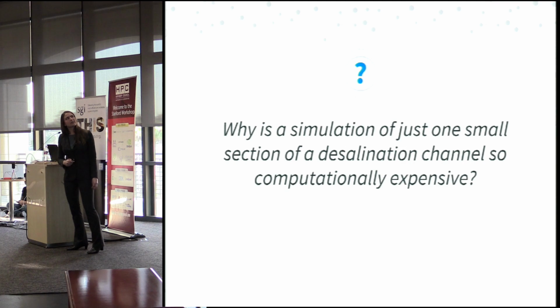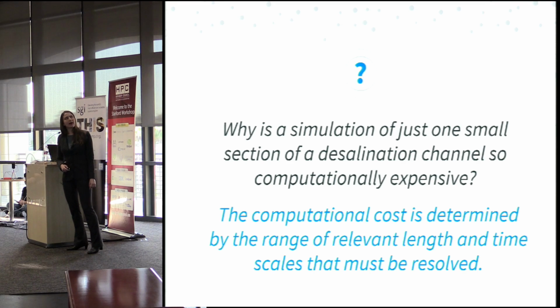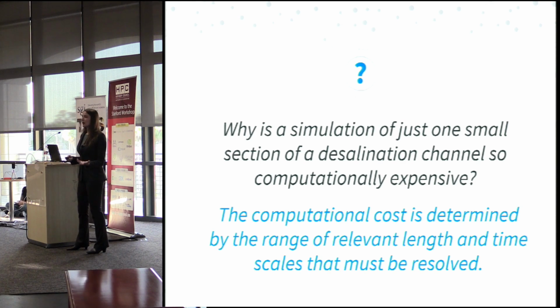So the question is, why is a simulation of just one small section of a desalination channel so computationally expensive? I kind of answered this before when I talked about how the computational cost is determined by the range of relevant length and time scales that must be resolved. But the other issue is that we have to be wise in our choice of numerical algorithms and the way that we actually solve these equations.